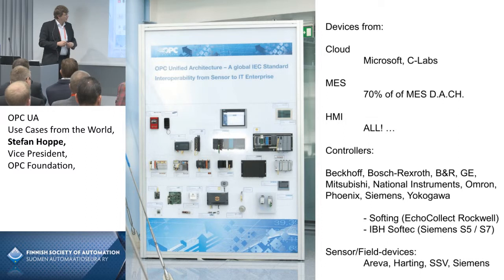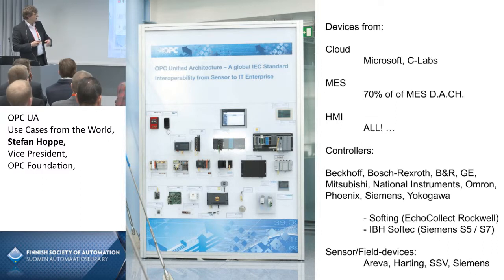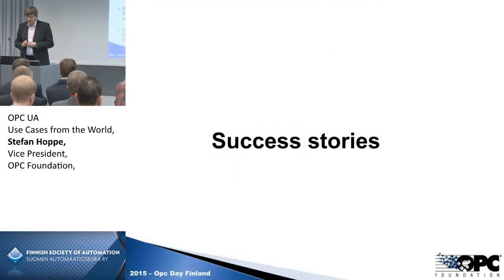From the point of controllers, we have all the big players here: Beckhoff, Bosch Rexroth, B&R, GE, Mitsubishi, National Instruments, Omron, Phoenix, Siemens, Yokogawa. We have these connectors to Rockwell. Again, it goes down into sensor level, into field device level. It goes up into any kind of SCADA and MES system, and as learned before, also on to Microsoft.